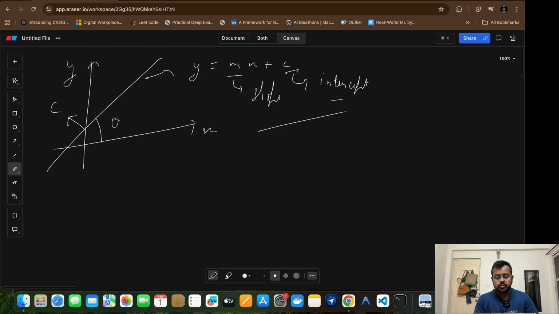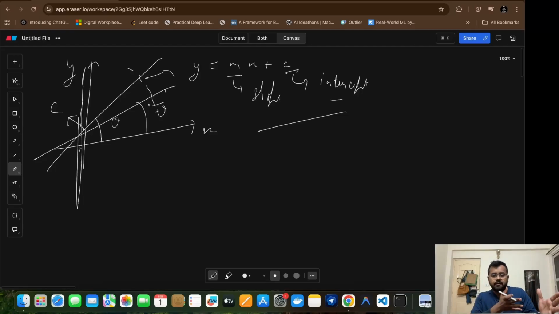When you change the slope, say you reduce it, the line will become something like this. If you keep changing c, the line will move along the y-axis. So a line is composed of just m and c. I'm talking about a line because of our problem, the area of the land and the price of the land.